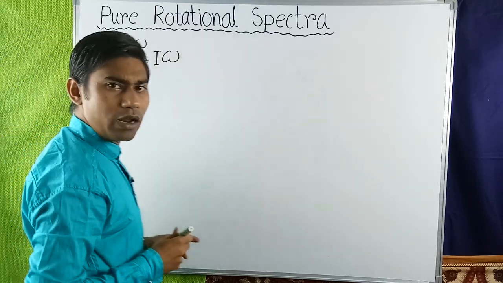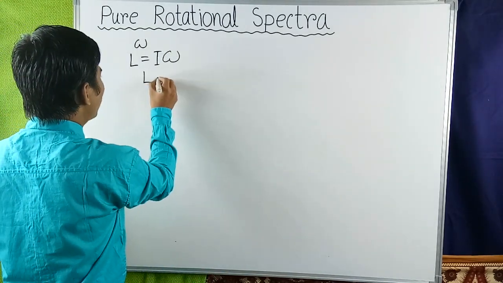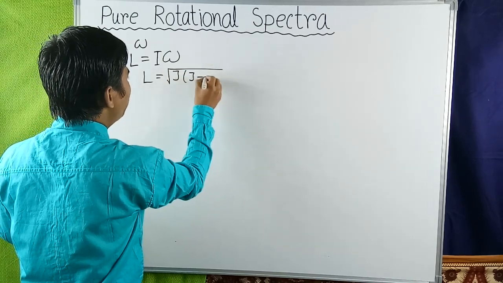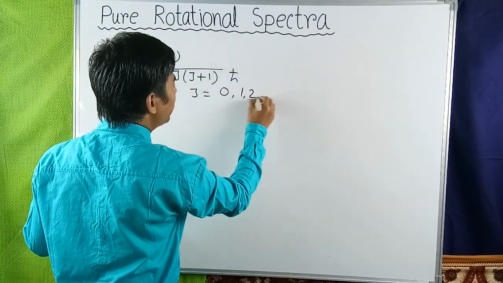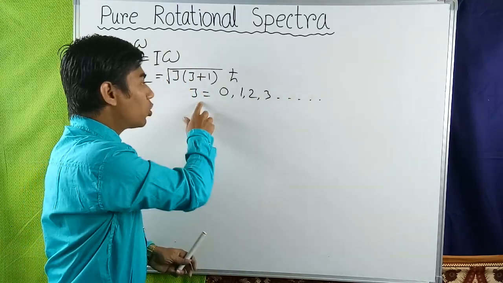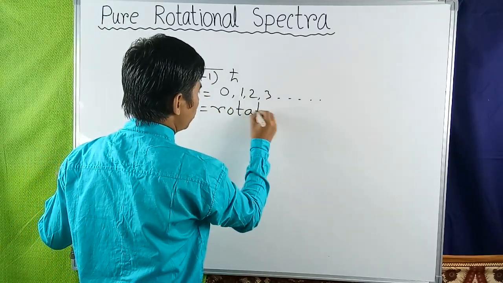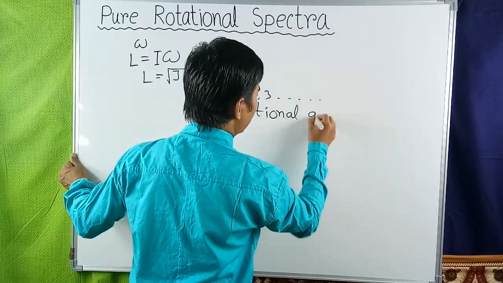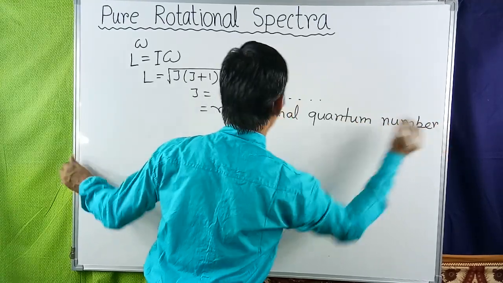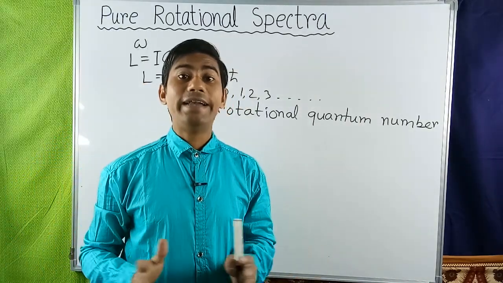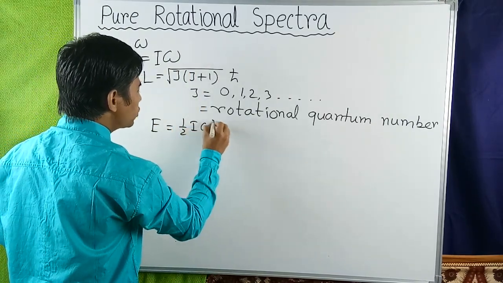Here L is quantized, so we may write L = root of J(J + 1) times h-bar, where J = 0, 1, 2, 3, etc. J is called the rotational quantum number.